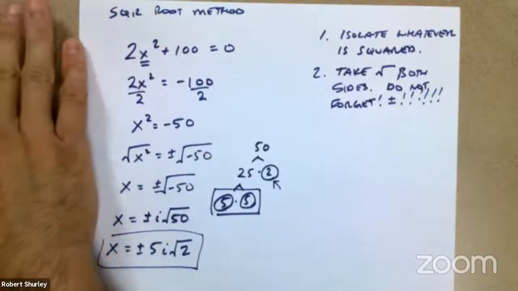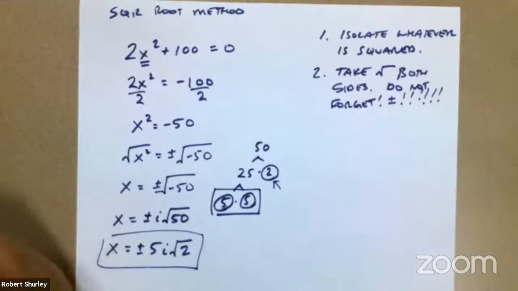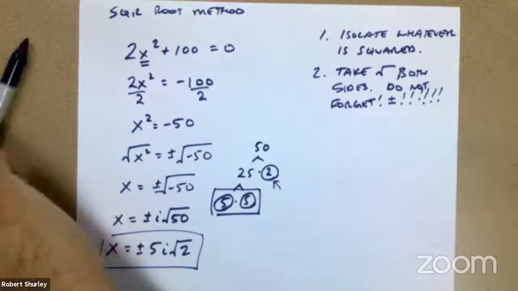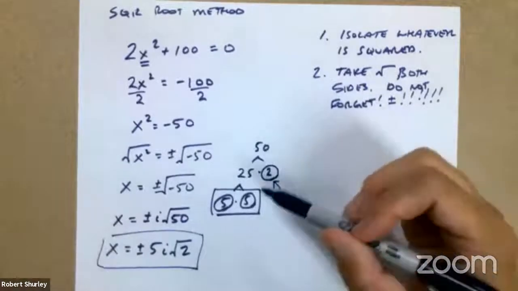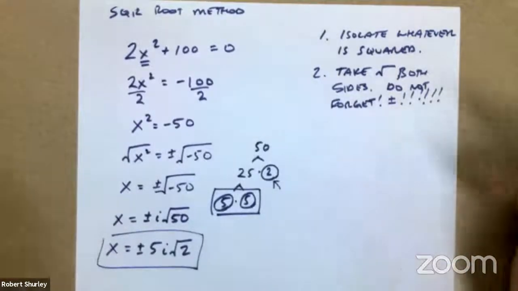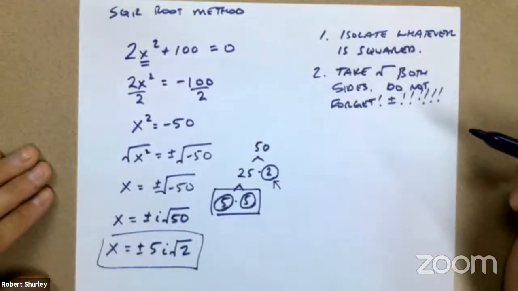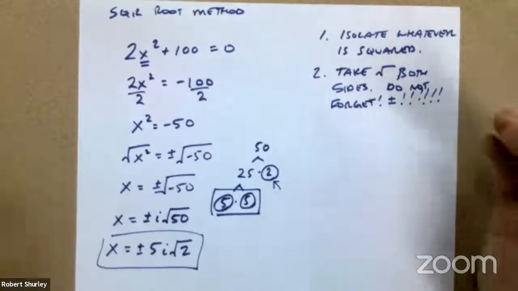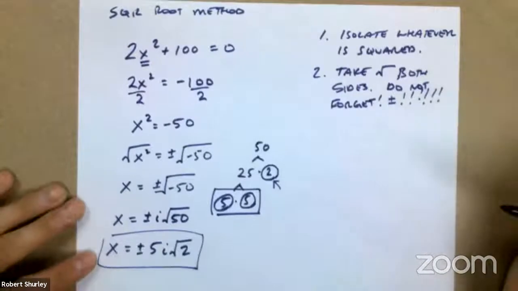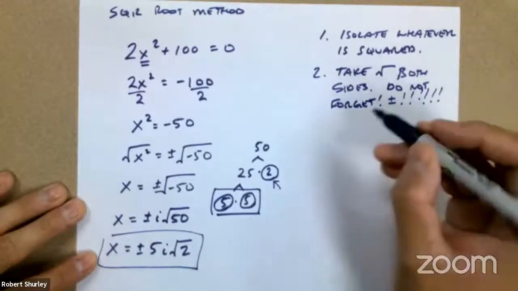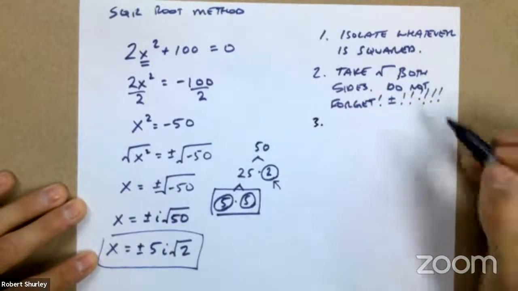It will snowball real fast on you if you don't stay on top of it. So if you're struggling with this, go back and watch something, or email me and I'll find some stuff for you to watch. This is considered a review. These are different solving techniques we're going to use throughout college algebra. You should know them already, but I'm going to go over them just in case you don't.